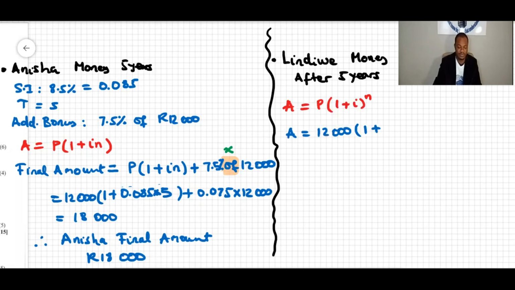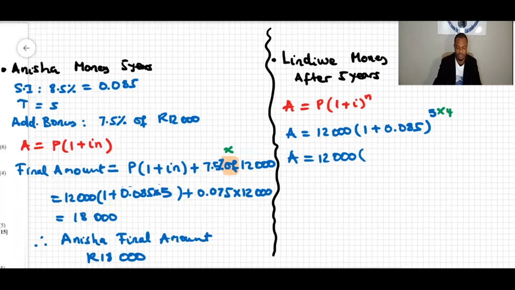The interest is 8.5%, so 0.085, to the power of 5 years. But because it is compounded quarterly, so 4 times in a year, we're going to do 5 times 4.